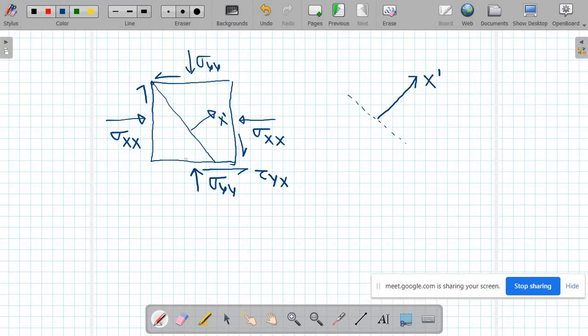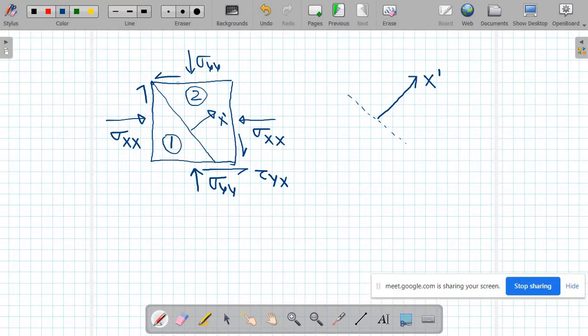So, actually we are dividing this complete block into two parts. This is part 1, this is part 2. Now, if you look at this line, the normal is oriented towards the x dash direction.